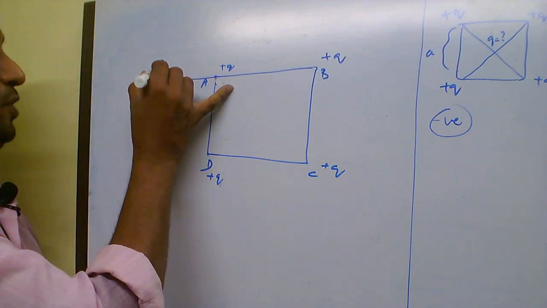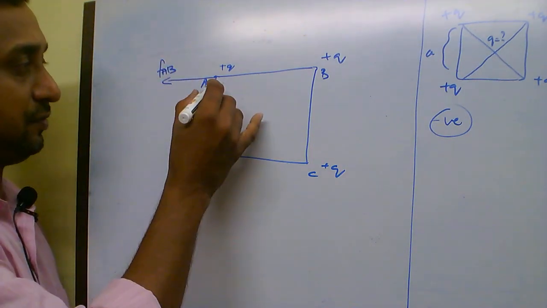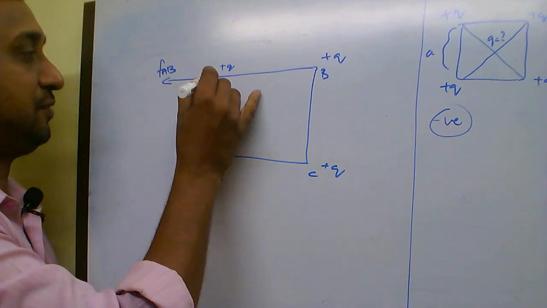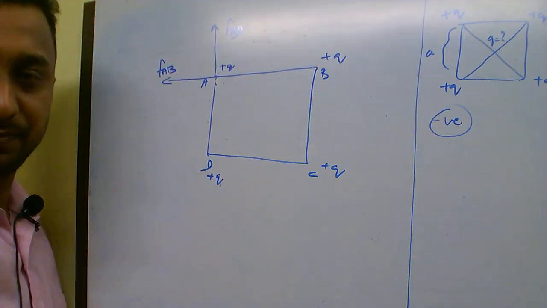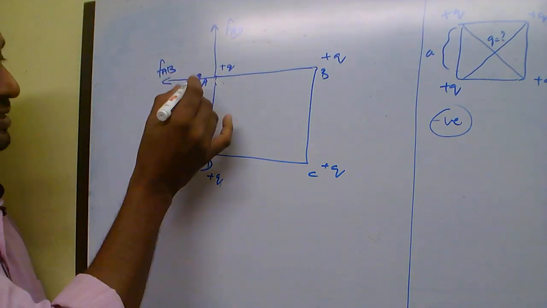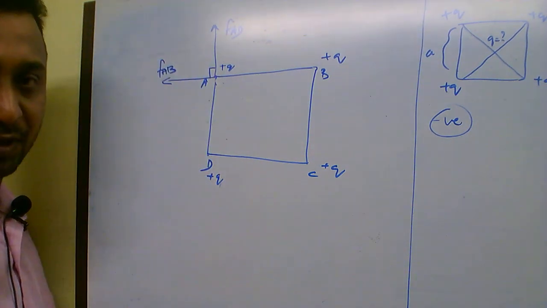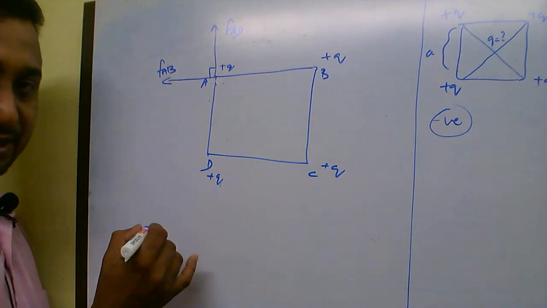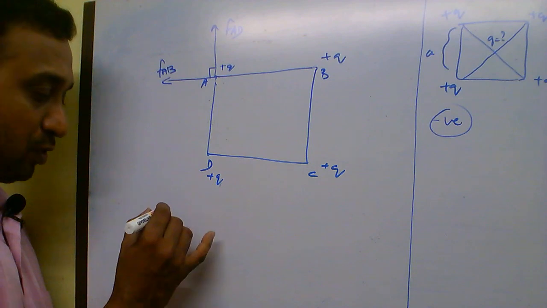That is force on A due to B. Similarly, the charge at A will be feeling a repulsive force from the charge at D, so that will be again force on A due to D. Now since these two forces are making an angle of 90 degrees with each other, you can find the resultant as per the parallelogram law of vectors.